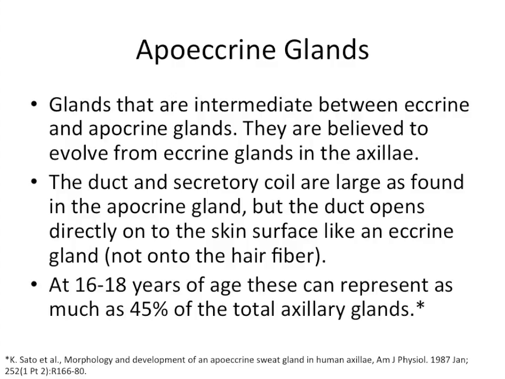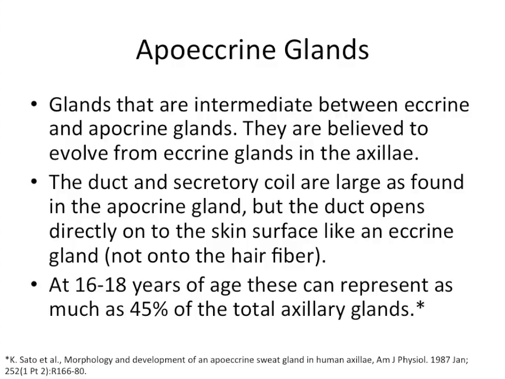What's known about them is that their duct and secretory coil are fairly large, similar in size to what you find in an apocrine gland. But unlike the apocrine gland, which opens up onto the hair follicle, the apoeccrine gland goes directly to the skin surface, just like an eccrine gland.